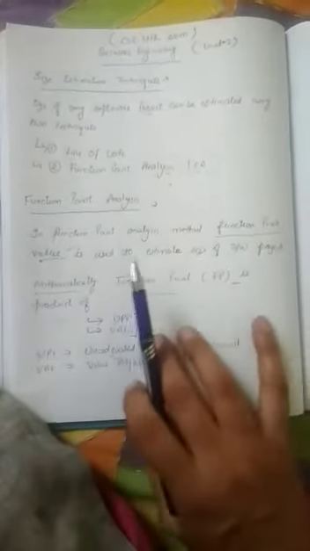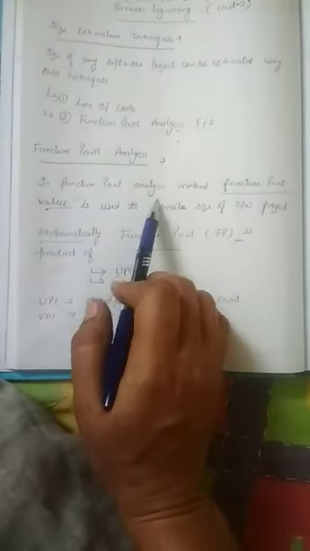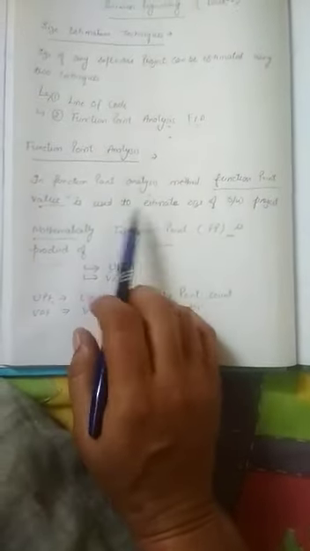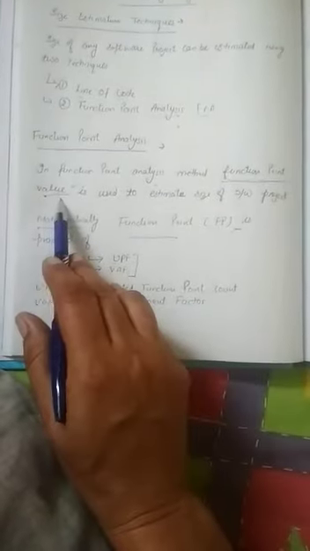What is function point analysis technique? In function point analysis method or technique, function point values are used to estimate the size of a software project. It means that mathematically function point values are calculated to estimate the size of the software.